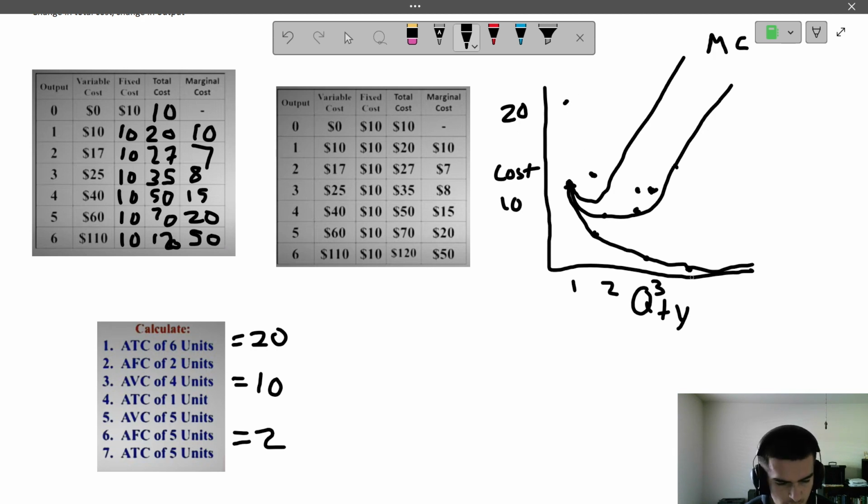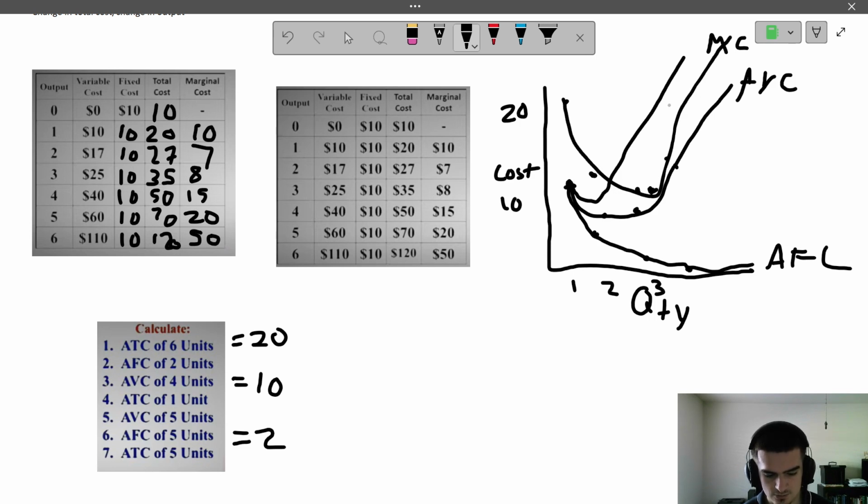And at 4, it's like 12 again. Actually, it's not supposed to intersect with your average variable cost. But you get the idea. You need to be able to graph something like this.